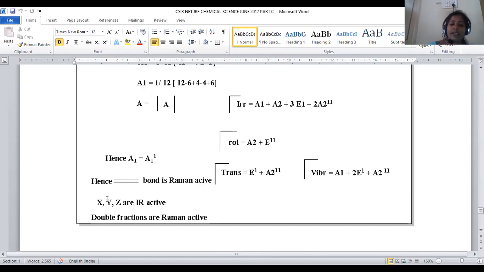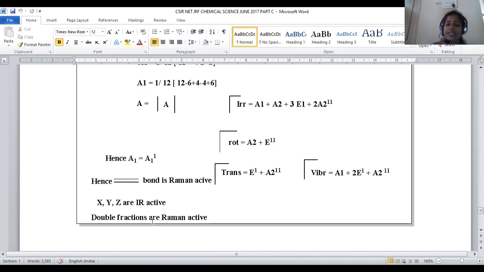Hence, based on all these inferences, we can clearly observe that A1 is equal to A1 prime. Both the terms are exactly identical in nature. So when an olefinic double bond is present within the molecule, that can be considered Raman active. If any molecule is oriented or inclined towards the X, Y, Z direction, those are considered IR active in nature.